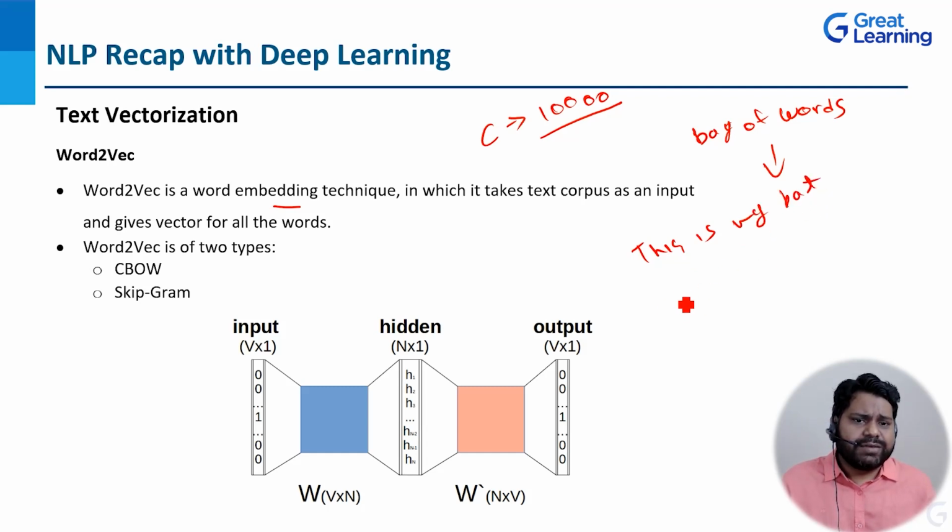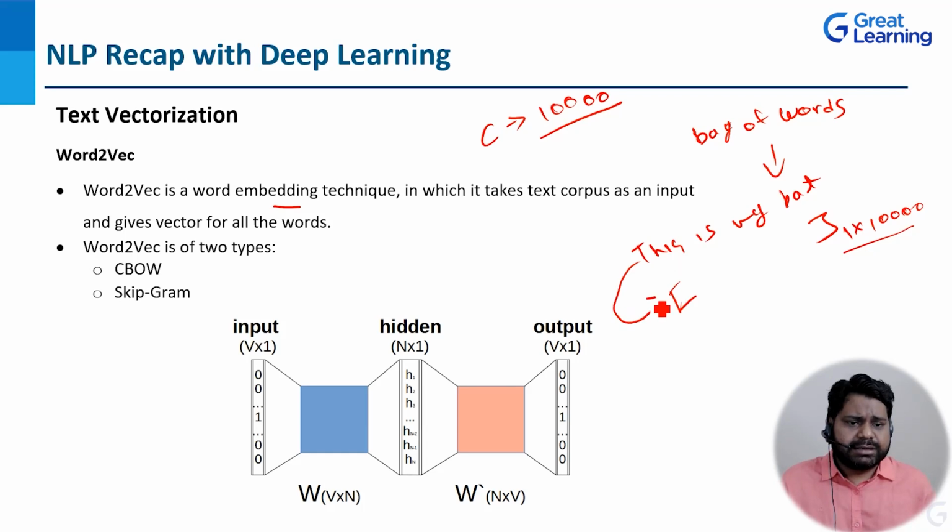If I write "this is my bat", what will happen? We will get a 1 by 10,000 size vector, translated into some values. Similarly, let's suppose the total number of documents we have is 1 lakh.